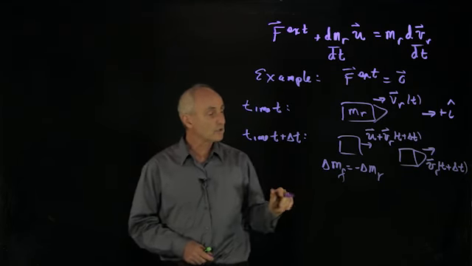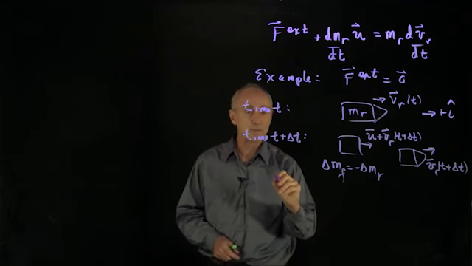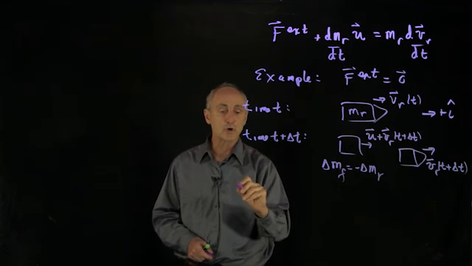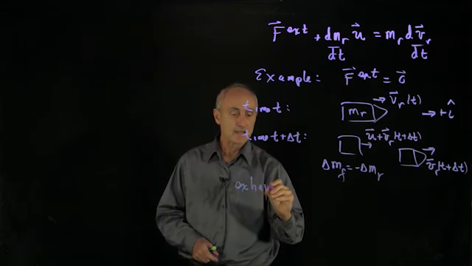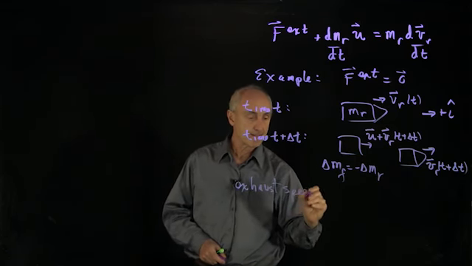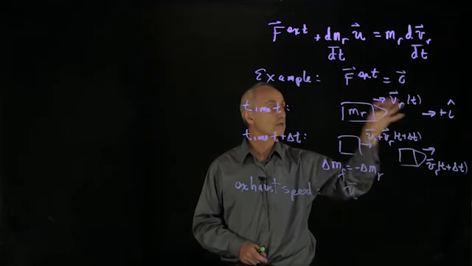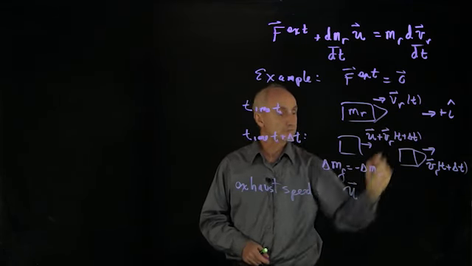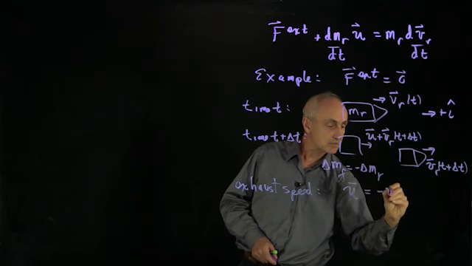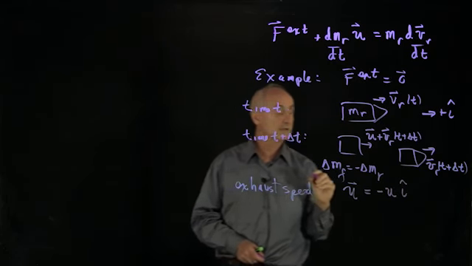So in our coordinate system, we have to remember that the exhaust speed is relative to the rocket. And we define that to be u. Since the rocket is moving forward, and we've chosen plus i hat in that direction, it's minus u i hat.